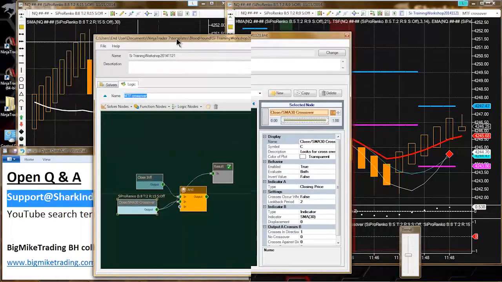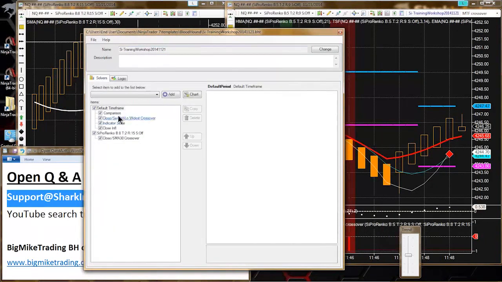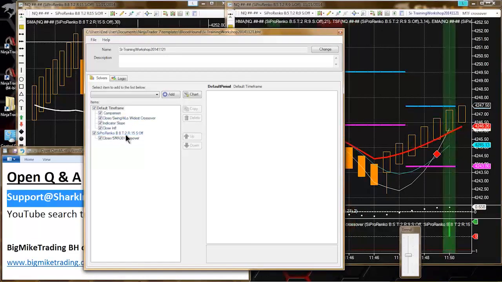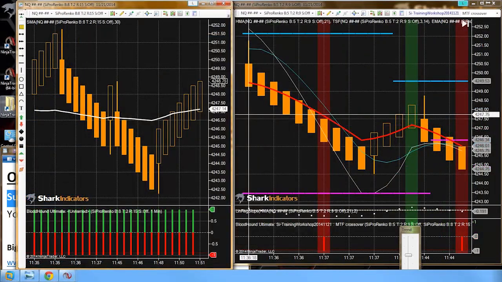Right, so all these solvers and all the indicators in these solvers are going to operate with calculate on bar close set to true, or whatever BloodHound is set to. That's how everything internal to BloodHound operates as well. I know this calculate on bar close is a pretty advanced topic.